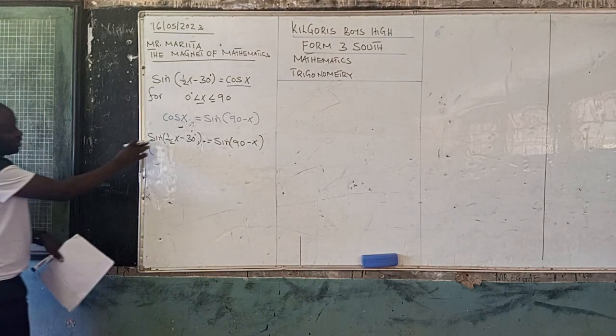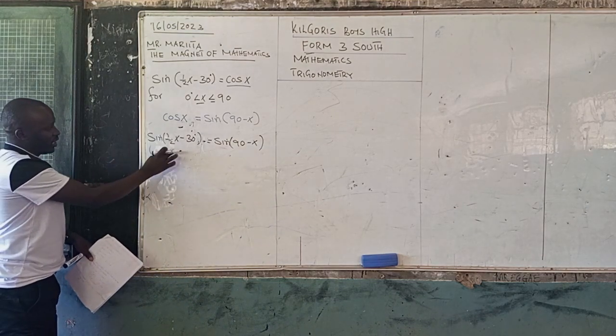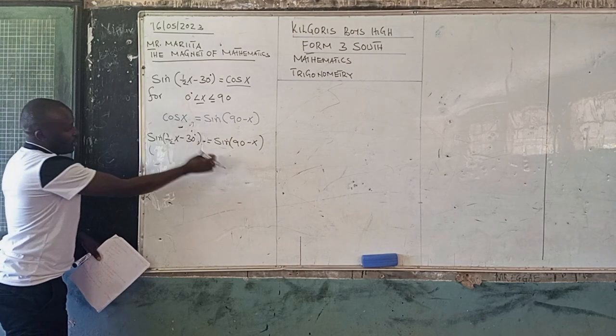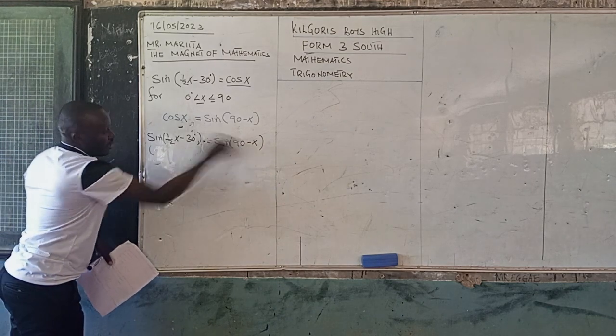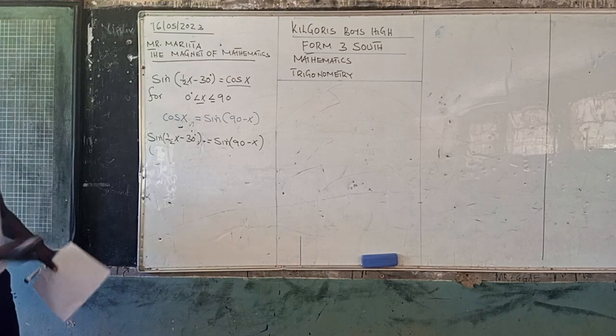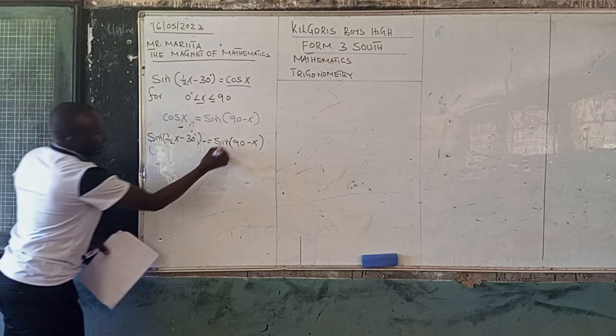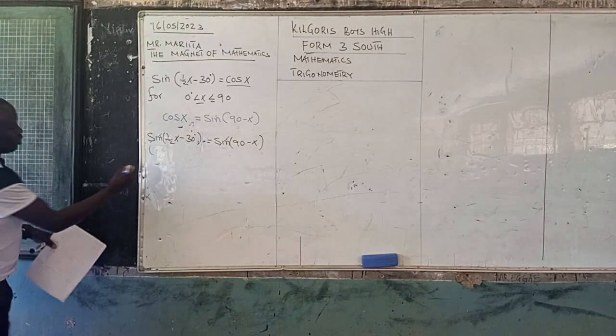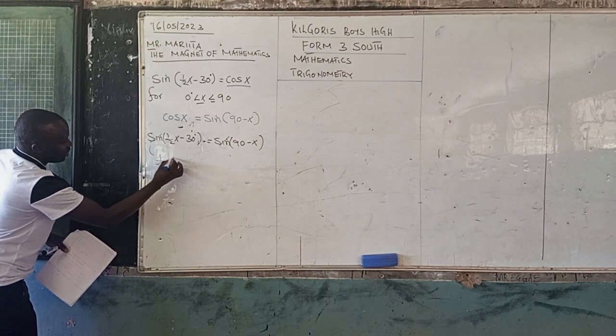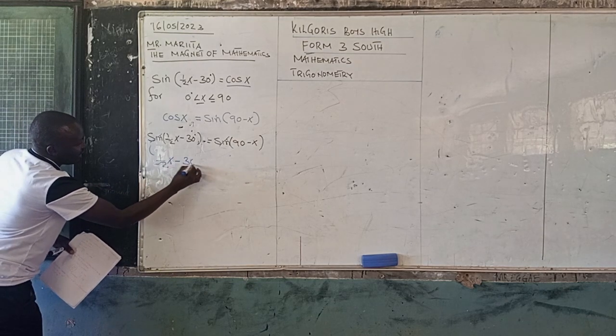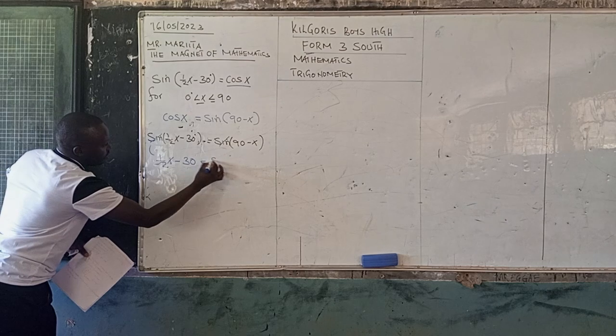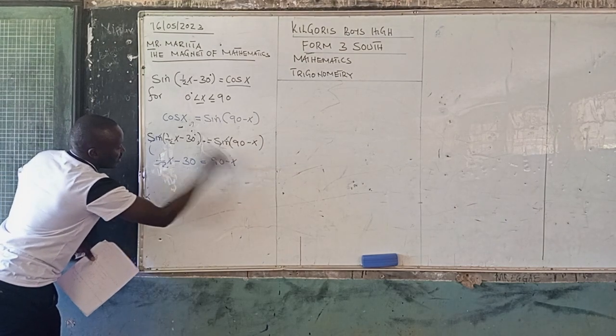Now we have sine of a half x minus 30, and sine of 90 minus x. So you do away with the sine on both sides and you remain with half x minus 30 equals p times 90 minus x.